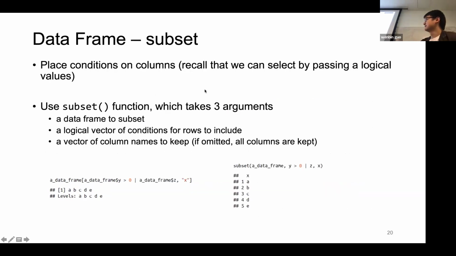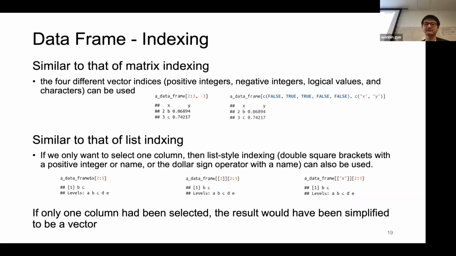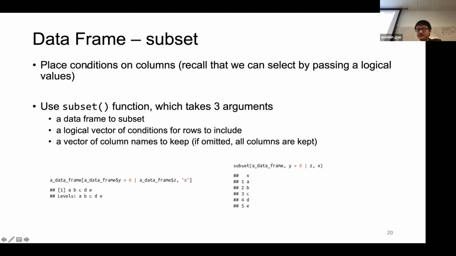Besides indexing, we can also use a function to subset the data frame. For example, you can use conditions on the columns. We said that in indexing you can input logical values to subset the data frame, and that is what we are doing here. You take the y value from the data frame and compare it with 0, which gives you a logical vector.